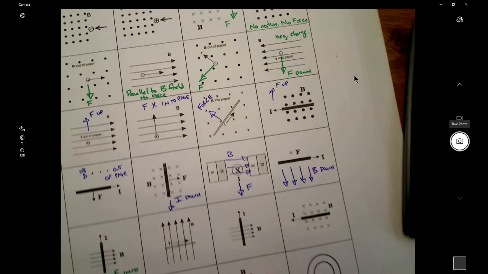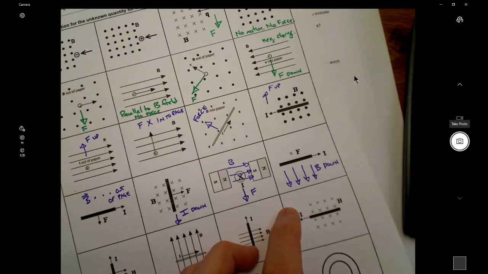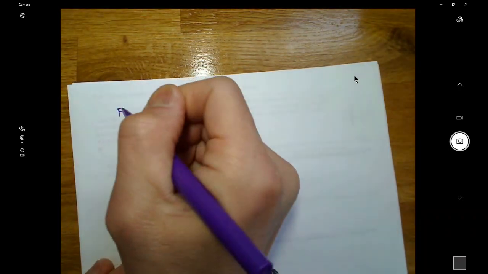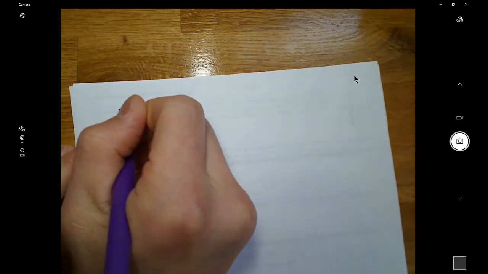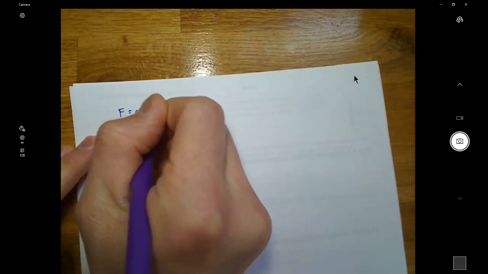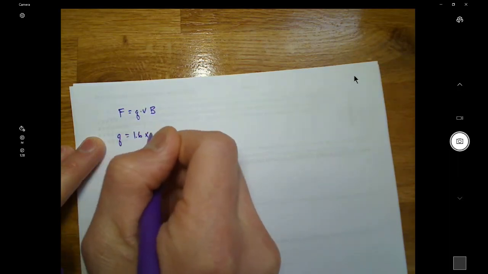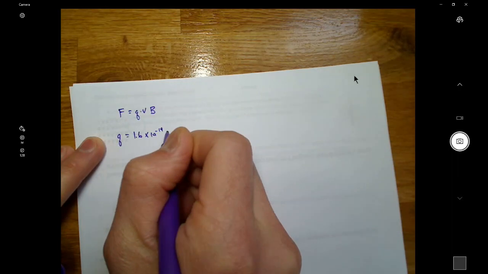All right, so get a clean sheet of paper here. F is equal to qvB. In the problem, it tells us that the Q is equal to 1.6 times 10 to the negative 19th coulombs.